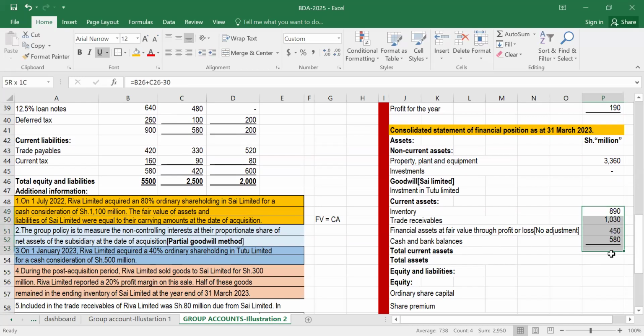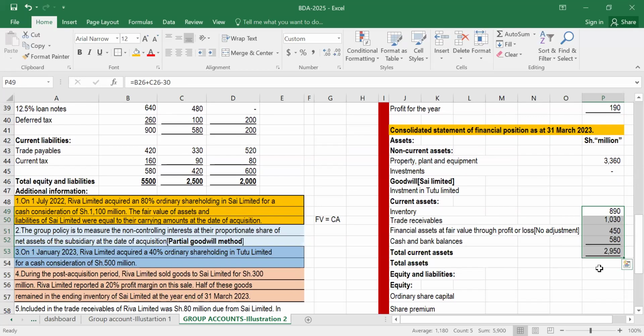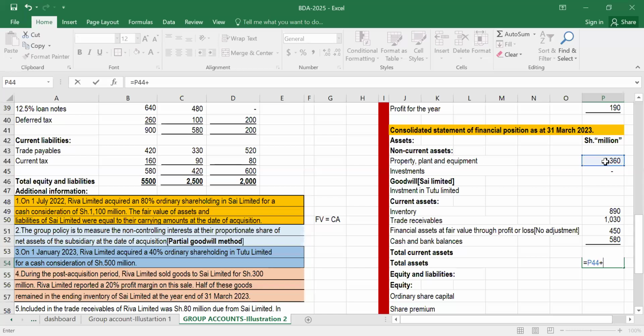But there is something which you have not computed here. Let me first get this total for current assets. The total assets will be equal to this plus this investment plus this goodwill on acquisition plus investment in II plus all this.